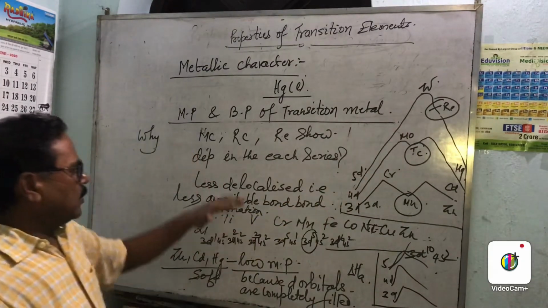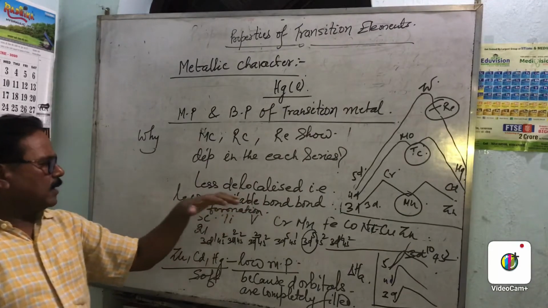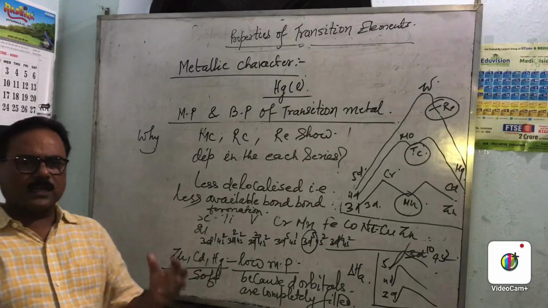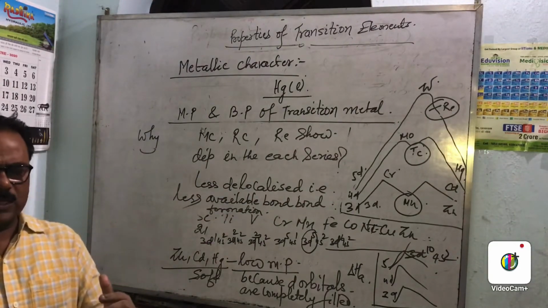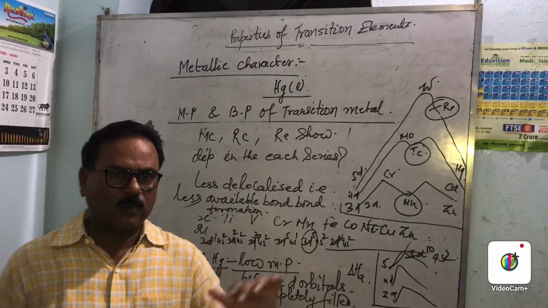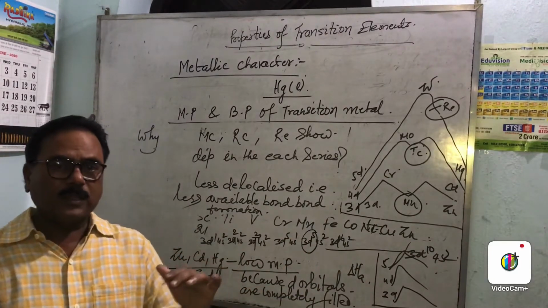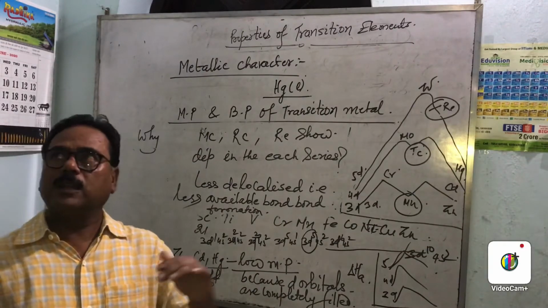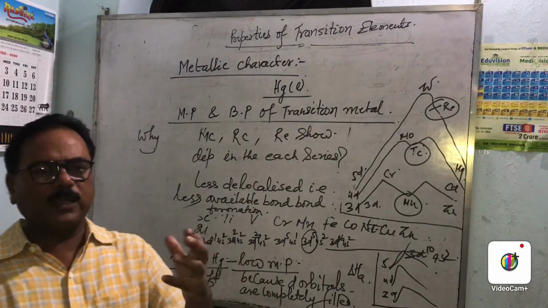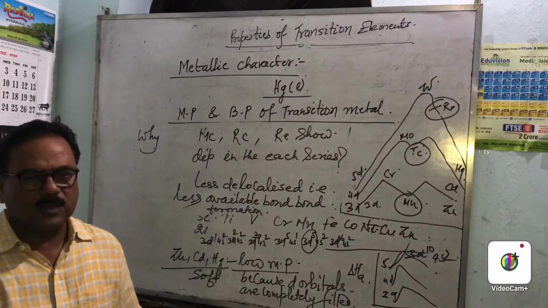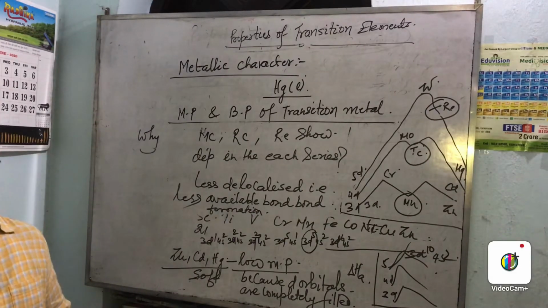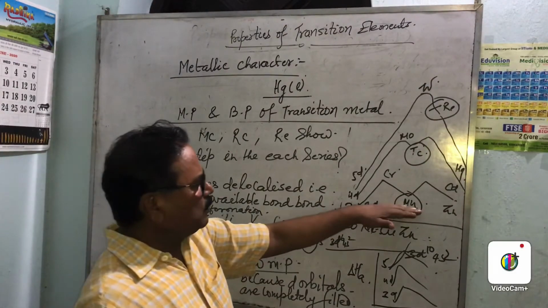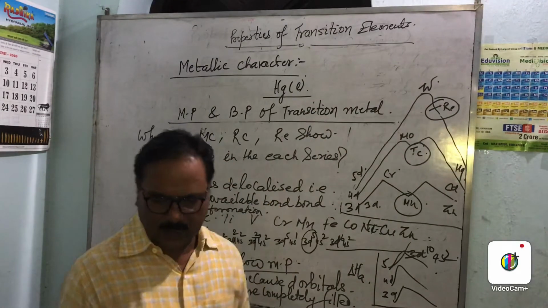And why are these electrons less delocalized? They are tightly held with the nucleus, so they are less available for bonding. And melting point entirely depends upon bonding, that's why they will have the lower melting point, that shows the dip in the curve. This is the reason for this one.